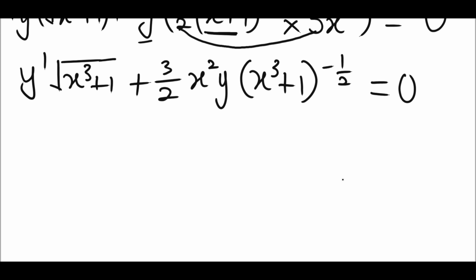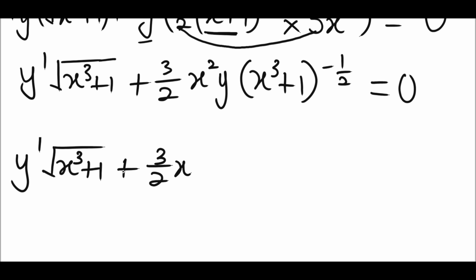So we continue. We have our y prime multiplying the square root of x cubed plus 1, plus 3 over 2 x cubed y. Now, here we have x cubed plus 1 in bracket having an exponent of negative half. So we need to change the exponent to positive, which means we need to reciprocate this expression, x cubed plus 1.